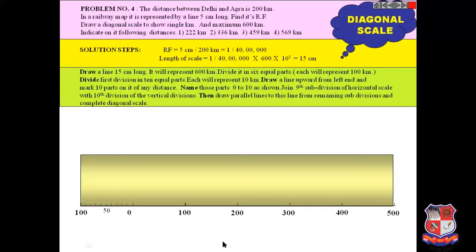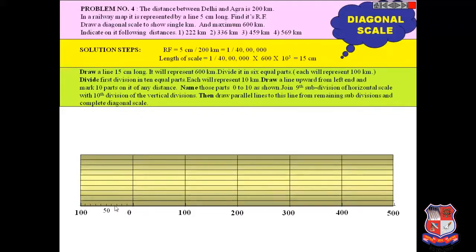So first of all, draw a vertical line from each part, 0, 100, 200, 300, 400, 500. After that, you have to draw 10 equal parts of this line, means you have to draw a 10 centimeter vertical division and again draw a horizontal line. And here you have to divide this line into 10 equal parts.